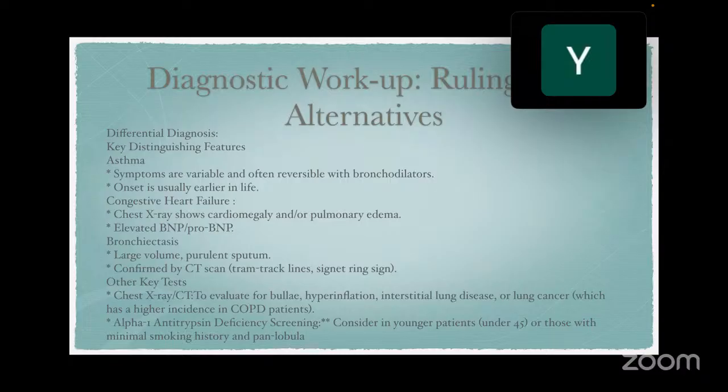In congestive heart failure, the chest X-ray shows cardiomegaly and pulmonary edema, besides elevated BNP. Number three, we have bronchiectasis. The patient presents with a large volume of purulent sputum, and the diagnosis of bronchiectasis is confirmed by CT scan, which shows tram-track lines and signet ring sign.